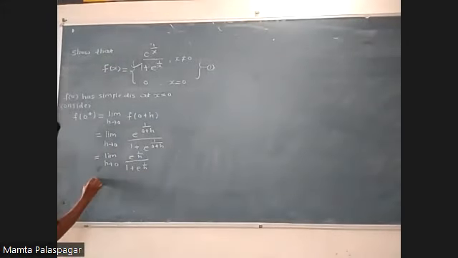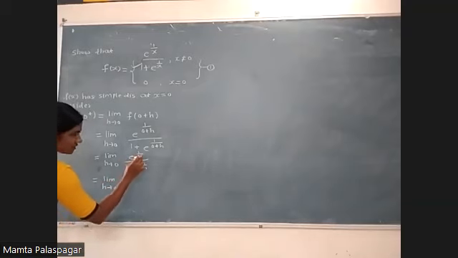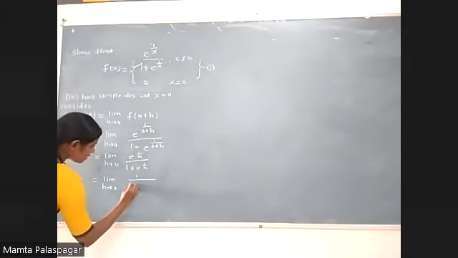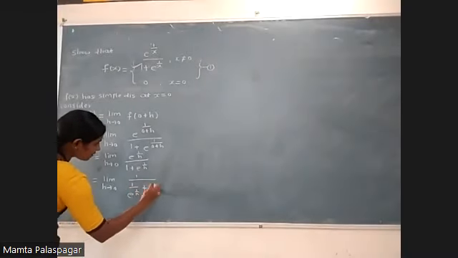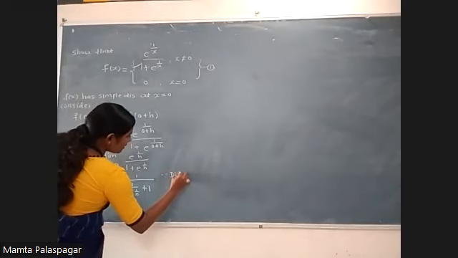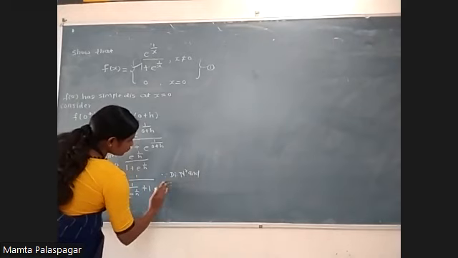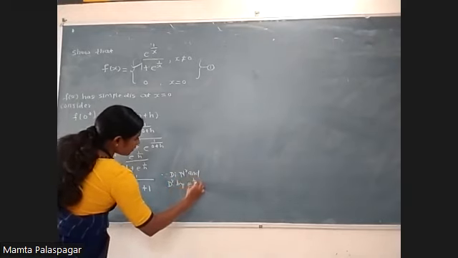So what we get is the limit h tending to 0 of 1 upon e to the power 1 upon h plus 1, since we divided numerator and denominator by e to the power 1 upon h.